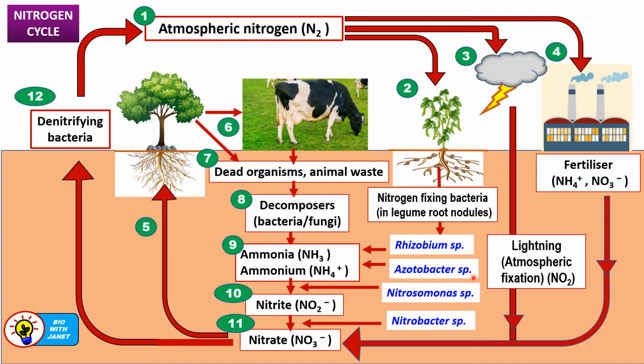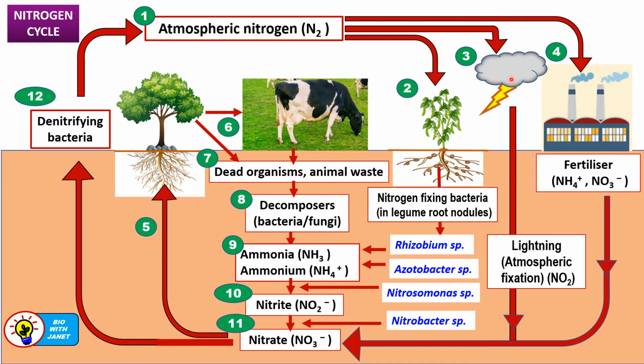That means it just lives independently in the soil. It's not inside any plant. But these two, Rhizobium species and Azotobacter species, carry out the same process, whereby they fix the nitrogen from the atmosphere and convert it into ammonium ions, NH4+, in the soil via the nitrogen fixation process.